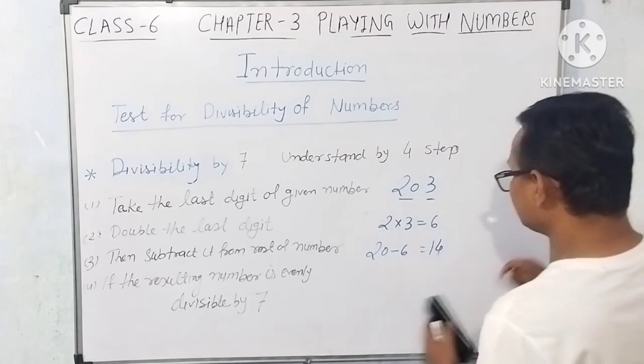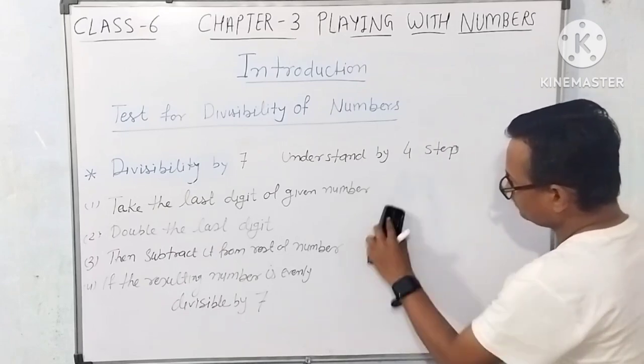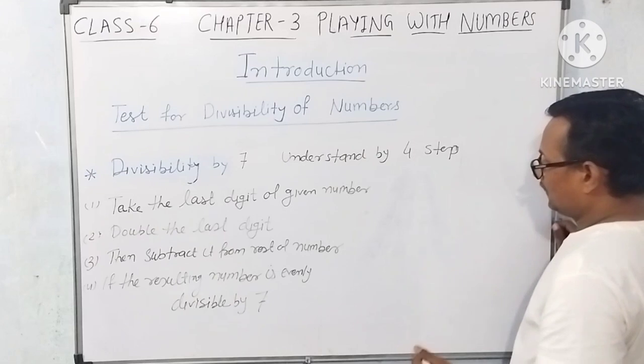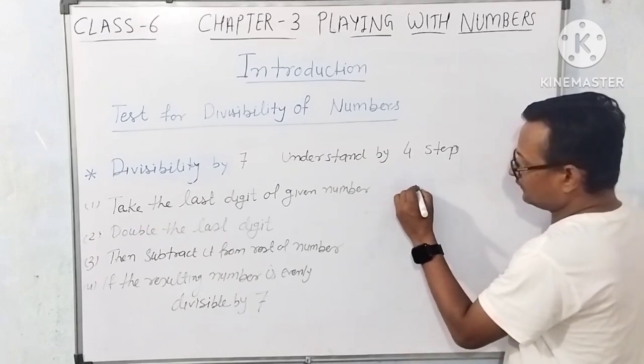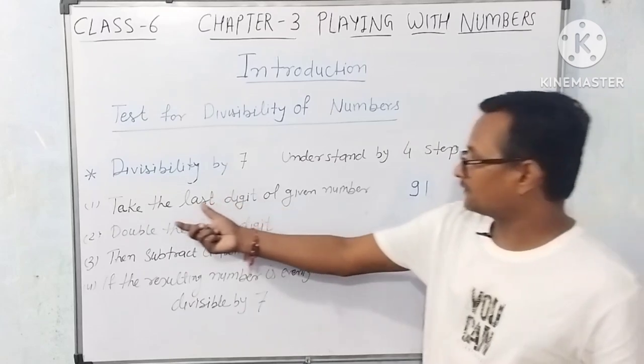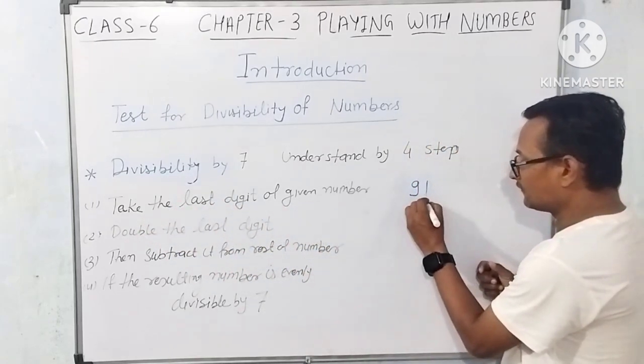Let's understand another example. Let's take the number 91. As per the steps, take the last digit of the given number. The last digit is 1.